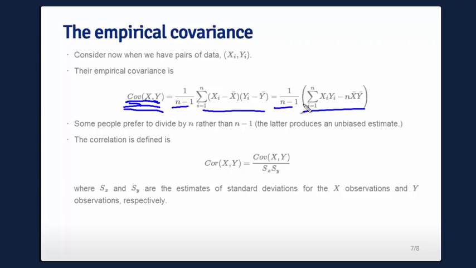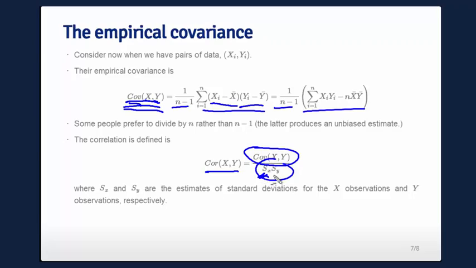Notice that in the covariance you're multiplying x's times y's, so the units of the covariance are units of x times units of y. If you want a unit-free measure, you take this quantity and divide it by the product of the two standard deviations, standard deviation of x and standard deviation of y. This has units of x, and that has units of y. And so the correlation is a unit-free quantity.